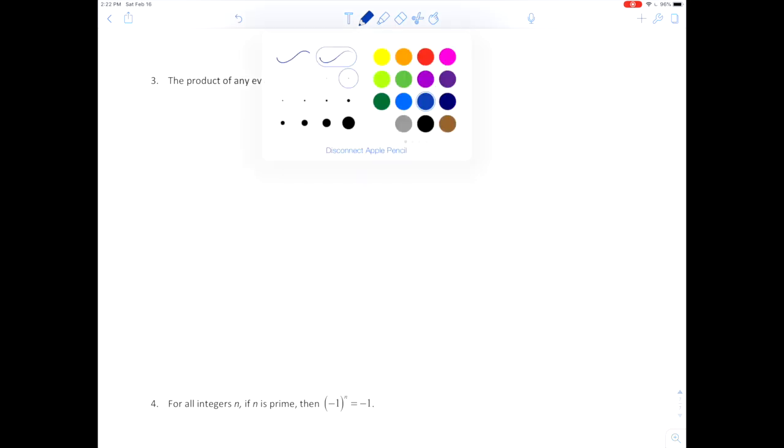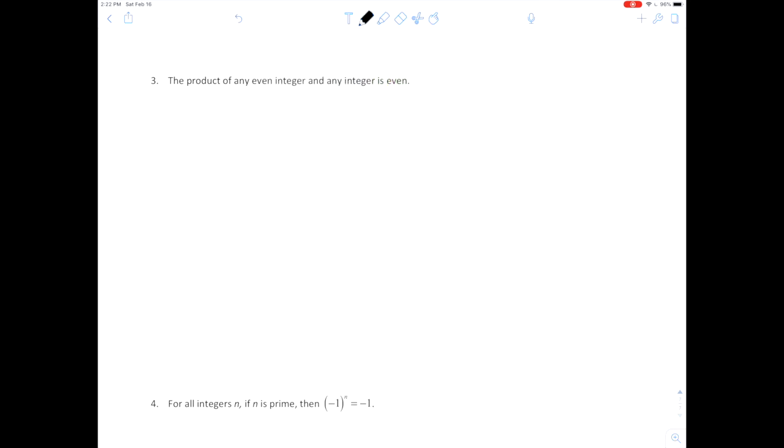So let's take a look. This one really isn't in an if-then form, right? So what is the if-then way to write it? If you tell me, you can do it.